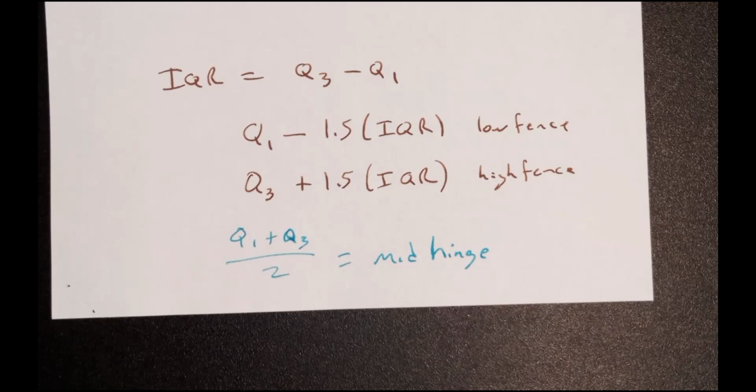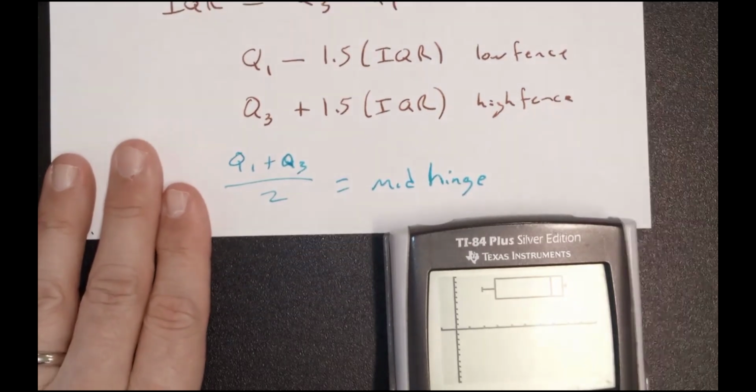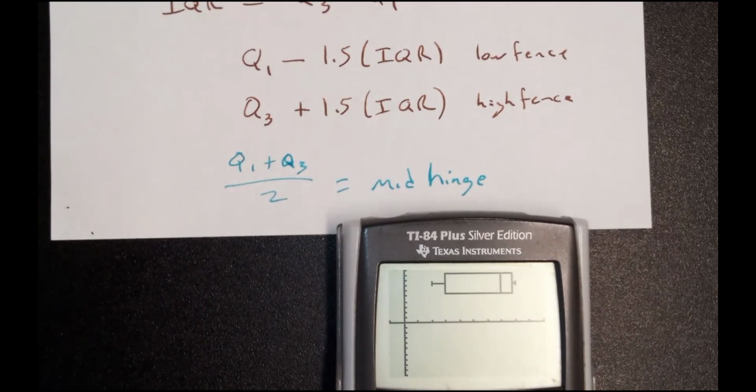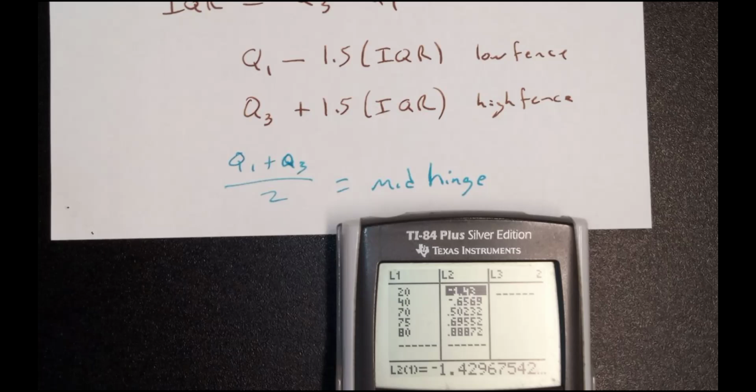We saw in these scores here, this is our set of quiz scores, right? First quartile is 40, third quartile is 75. What's the average of 40 and 75?